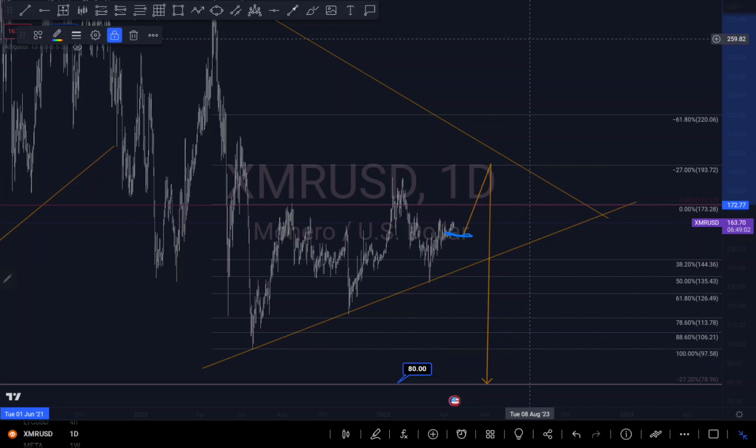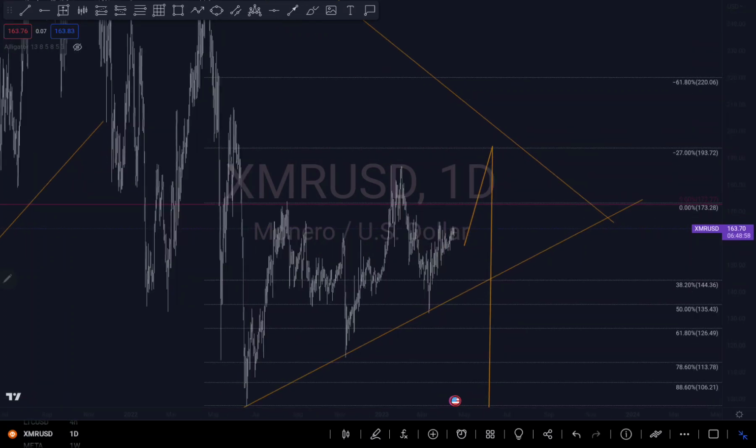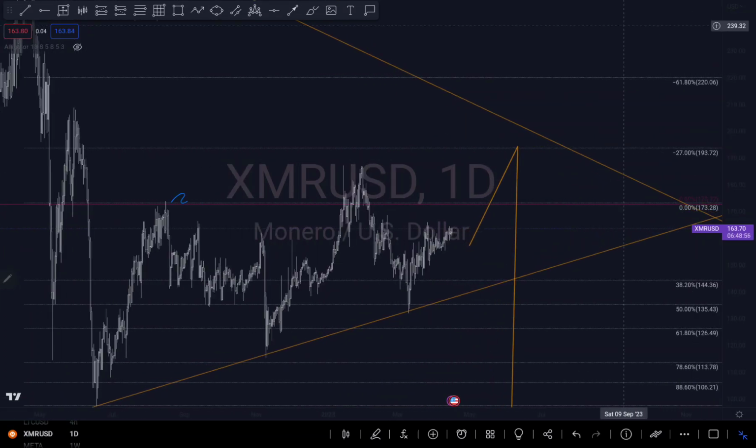We are still pushing up, but like I also said, if you zoom in a little bit, there is a structure at this level right here, so we have to be careful of that structure. We can see whenever price action gets to this, it bounces off. It gets to this, it bounces off. So we have to also be mindful around this zone right here, which is around 173.